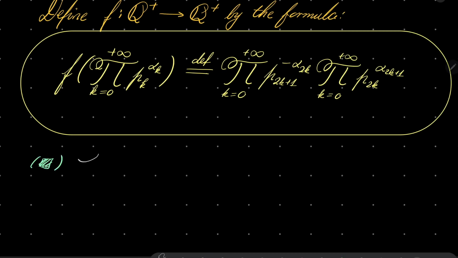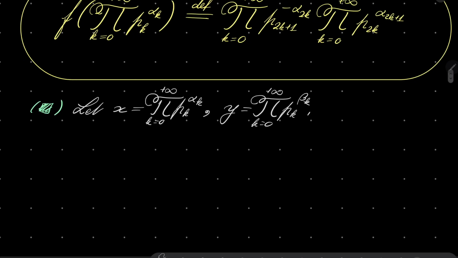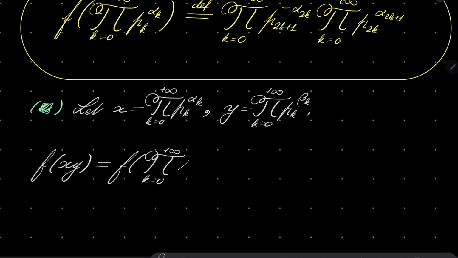Let's write that x is a product of pk to the power alpha k, and let's define y to be a product of pk to the power beta k. Now let's write f of xy. Well, xy can be combined in just one product, pk to the power alpha k plus beta k.